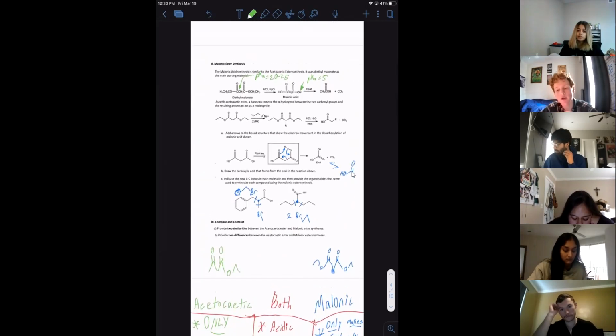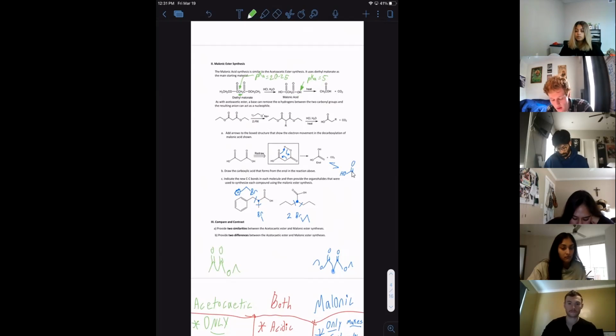But an important thing to remember, moving on to malonic ester synthesis, is once you've gotten out of this state where you've got your esters, there is an acidic hydrogen on the carboxylic acid, and that is like an actual acid. It's got a pKa of around 5. So that means it's 10 to the power of 15 times more likely to remove this hydrogen than to remove one of these.